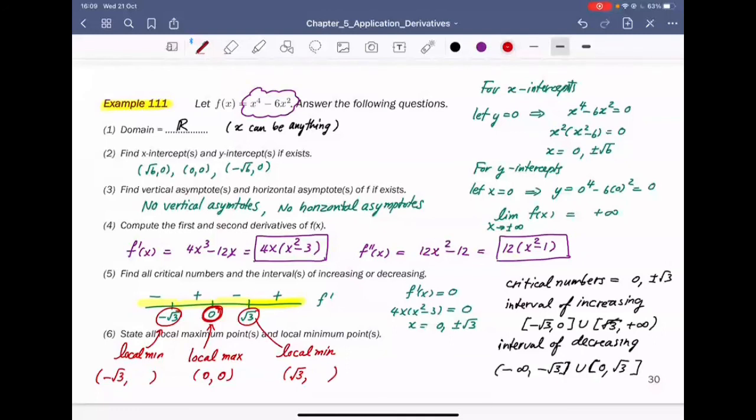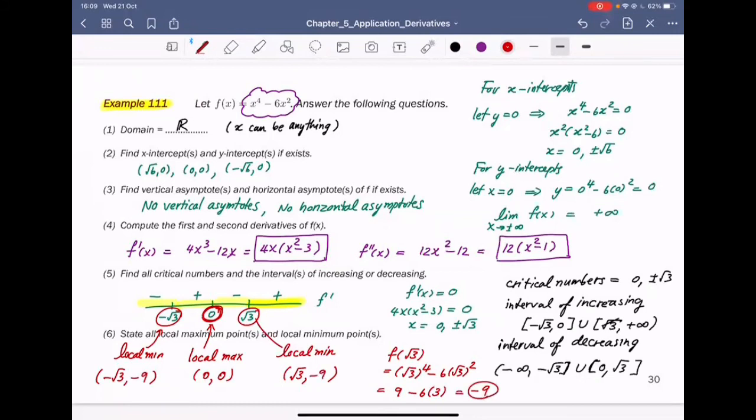So what is going to be the value when x equal to square root 3 or negative square root 3? You can compute f of square root 3, which is square root 3 to the 4th power minus 6 times square root 3 squared. That is 3 times 3, which is 9, minus 6 times 3, which is 18, so it is negative 9.